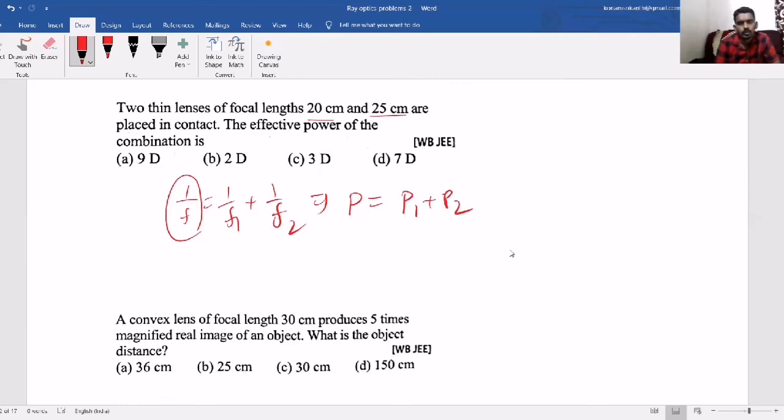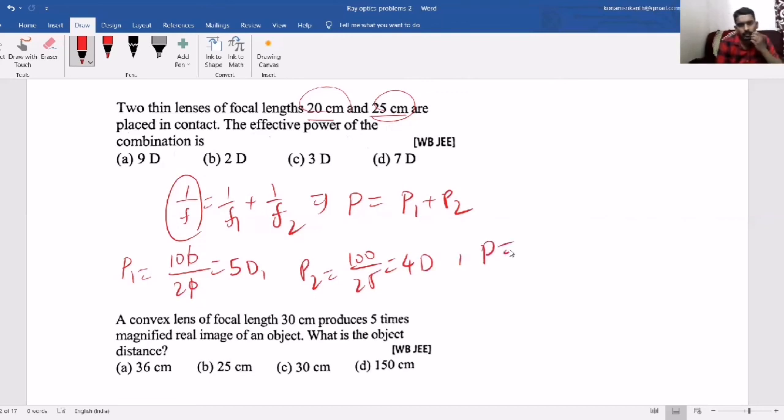That's it. So P1 is, as I said, you have to take 100 by F, when F is in centimeter, so it will become 5 diopter, and P2 will become 100 by 25, that means 4 diopter. So the effective power will become P1 plus P2, 5 plus 4, that is 9 diopter.